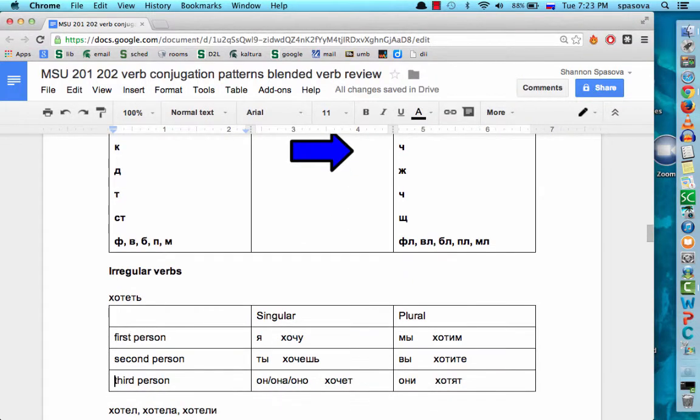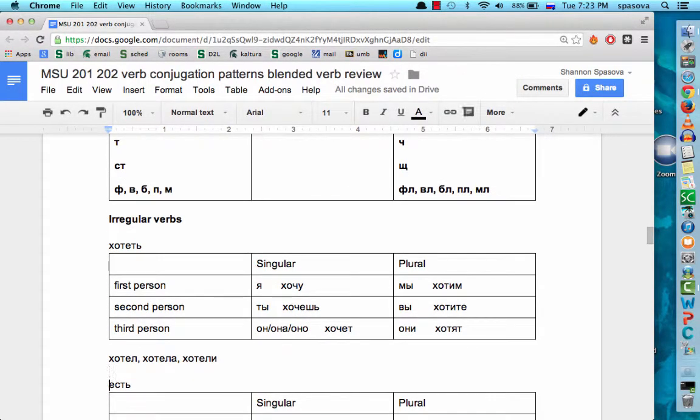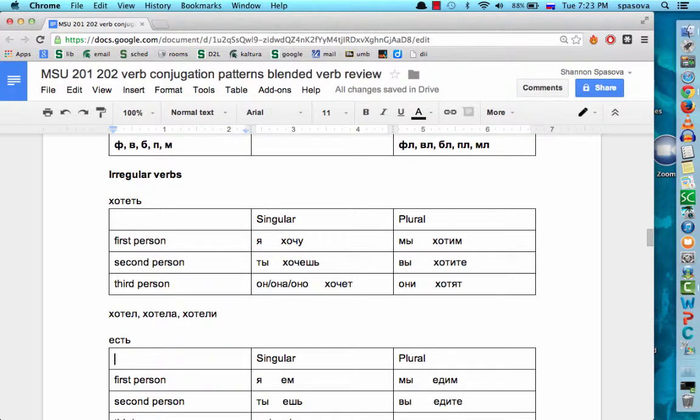In Russian, we have only a few verbs that are really, really irregular. Most verbs can fall into these patterns in some way. You know two irregular verbs so far. These are хотеть, to want, and есть, to eat. Take a look at them. What's unusual about them? Я хочу, ты хочешь, она хочет, мы хотим, вы хотите, они хотят.